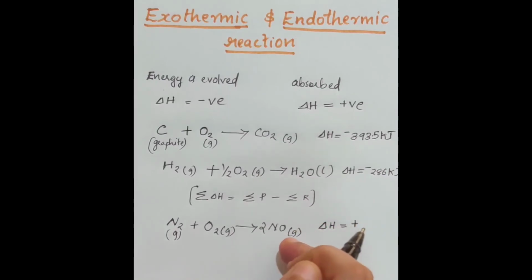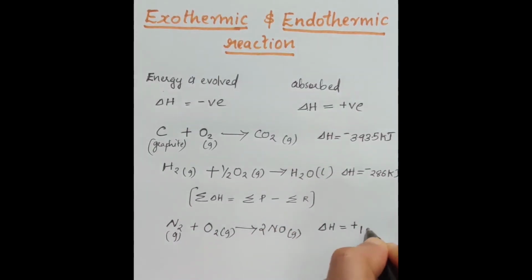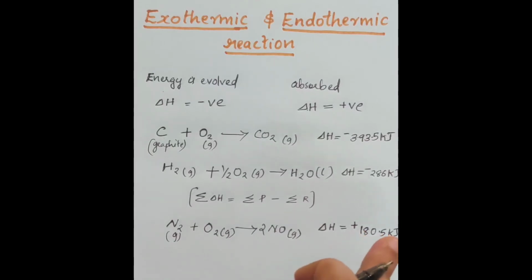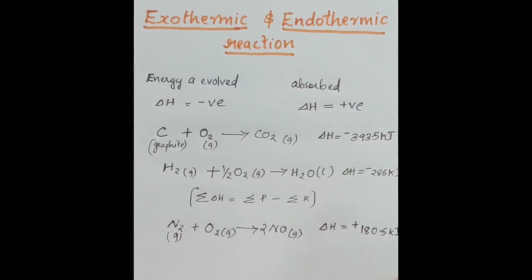Nitric oxide is also in the gaseous form. When 1 mole of nitrogen reacts completely with oxygen to form nitric oxide, there is an absorption of 180.5 kilojoule of heat.